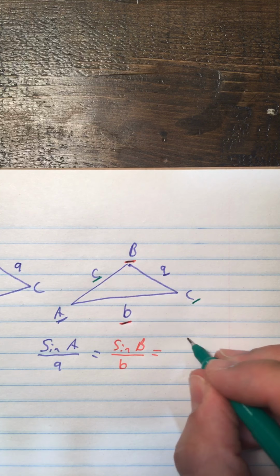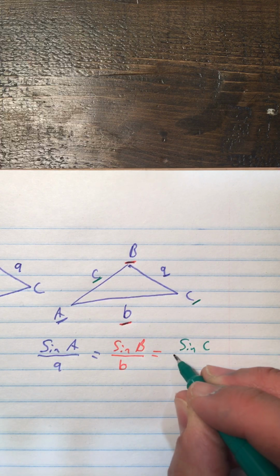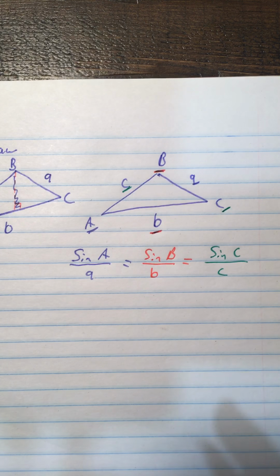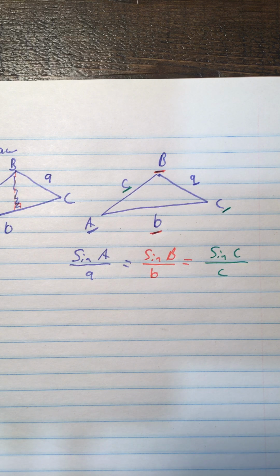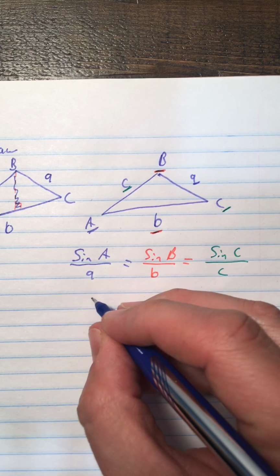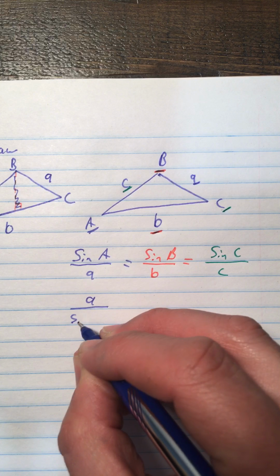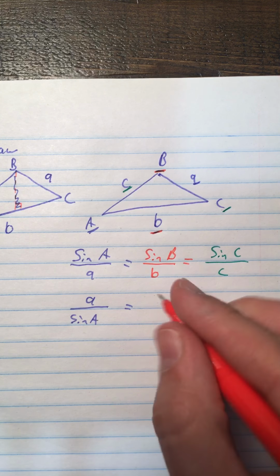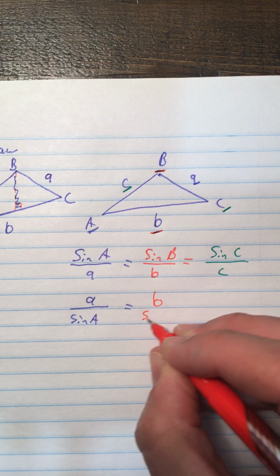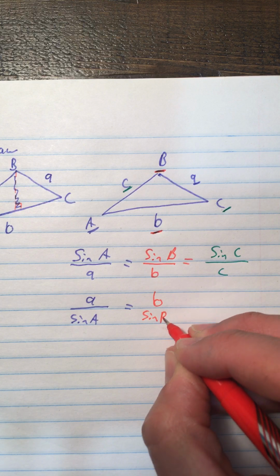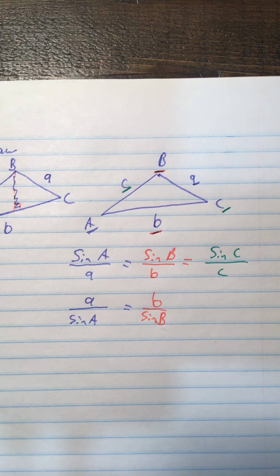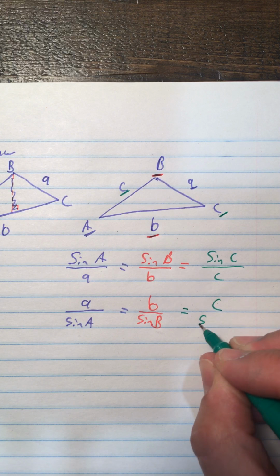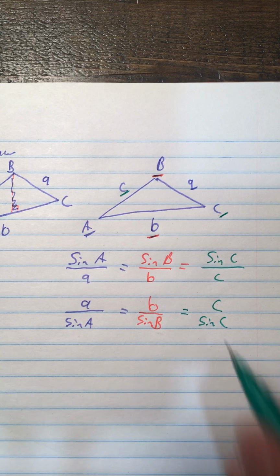So side A over sine A is equal to side B divided by sine B, which is equal to side C over sine C. And of course, in an equation, you'd only ever use two of these.